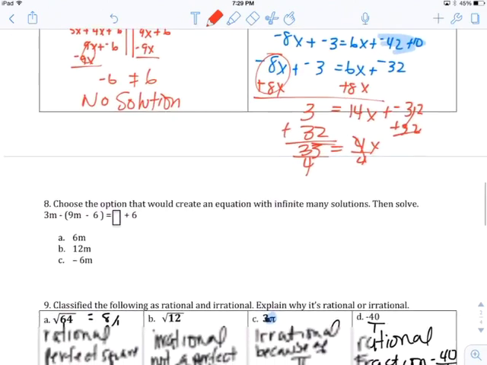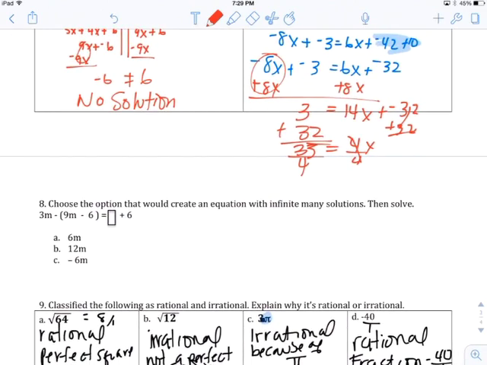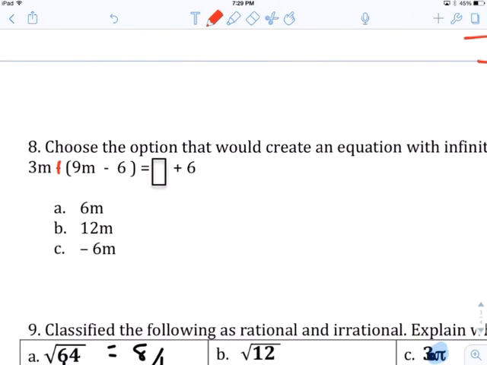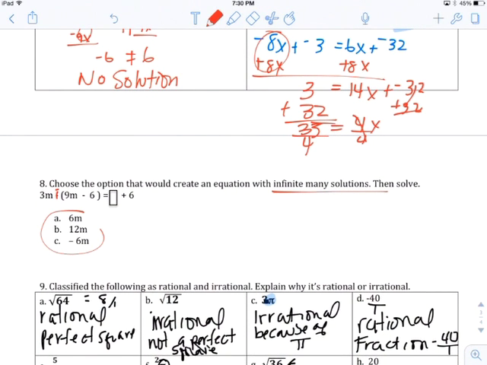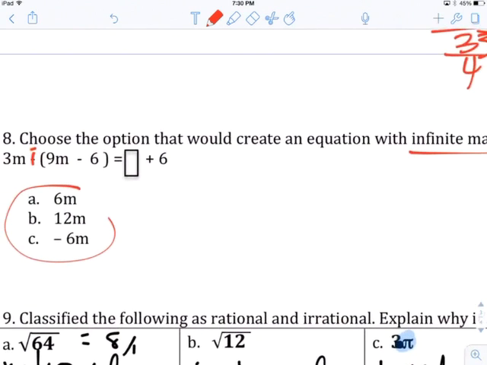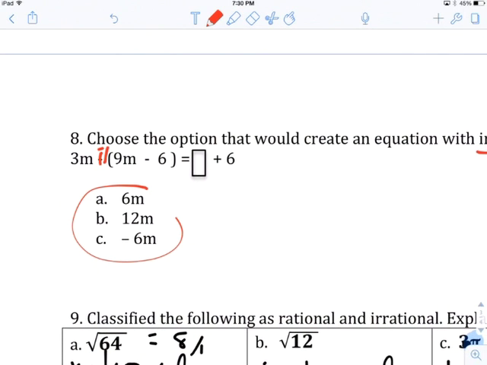Okay. Make that no solution, so you have to solve this first and find which one of these numbers creates infinite many solutions. Alrighty, you try that one. Make sure you distribute a negative 1 first. Additive inverse. That gives you negative 9m plus 6, and then plus 3m.